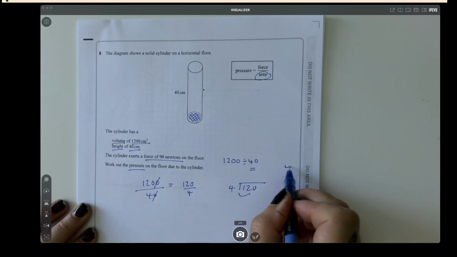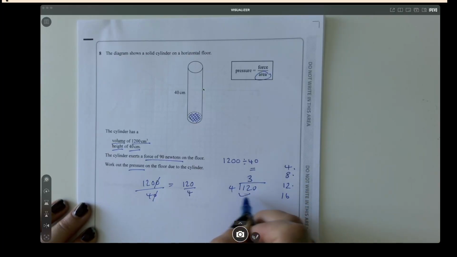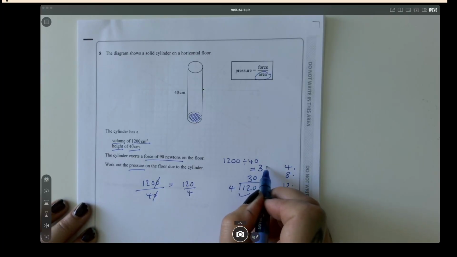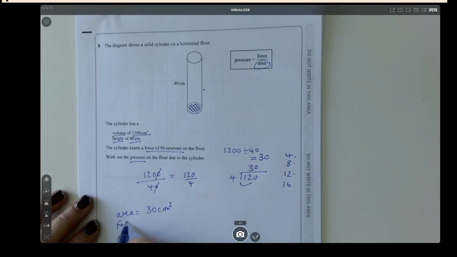So 4's into 12. 4, 8, 12, 1, 2, 3. No remainder, so the answer is 30. So the area is 30 centimetres squared.